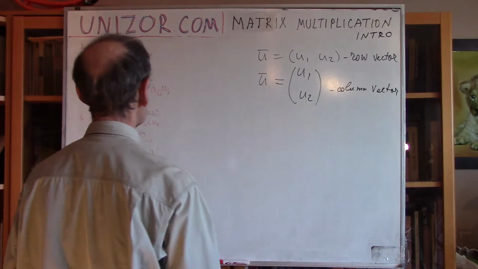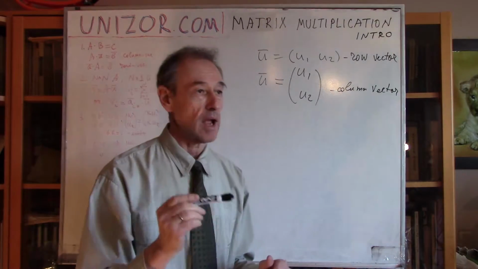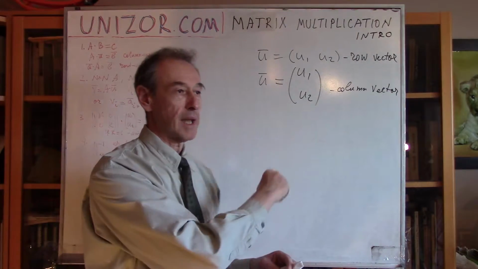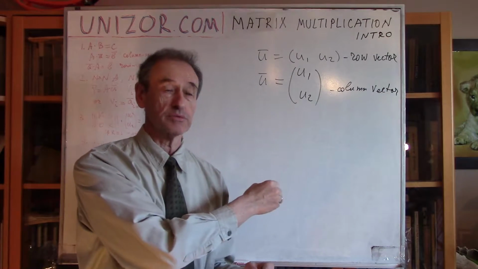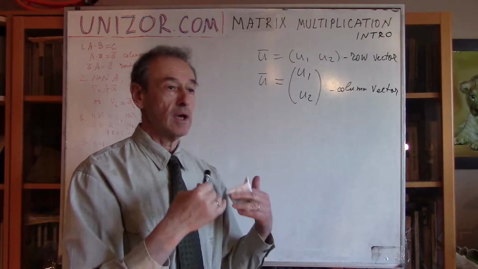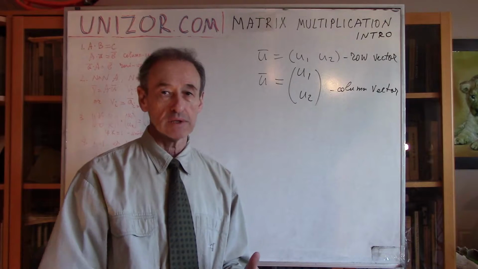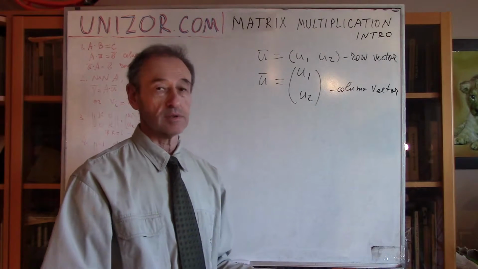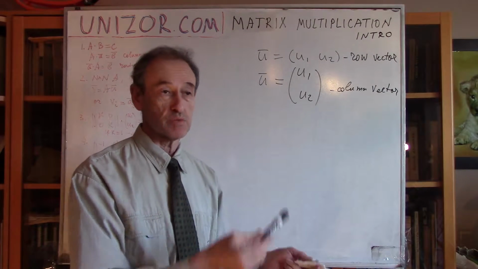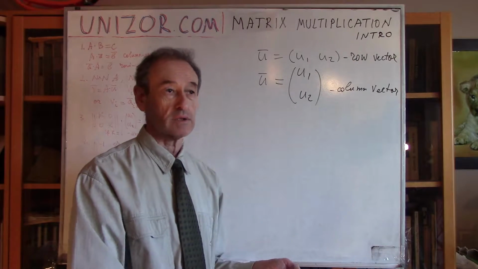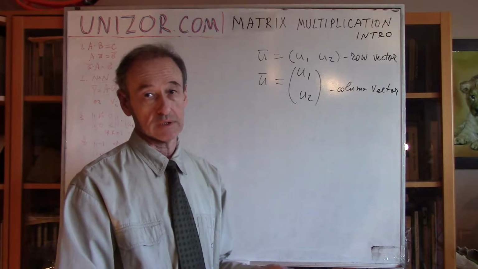All right. So basically, what I'm saying now is that the multiplication of the matrix by vector, which I was talking about before, is also a kind of matrix multiplication. I'm just considering the vector as a matrix with either one row, if it's a row vector, or one column, if it's a column vector.